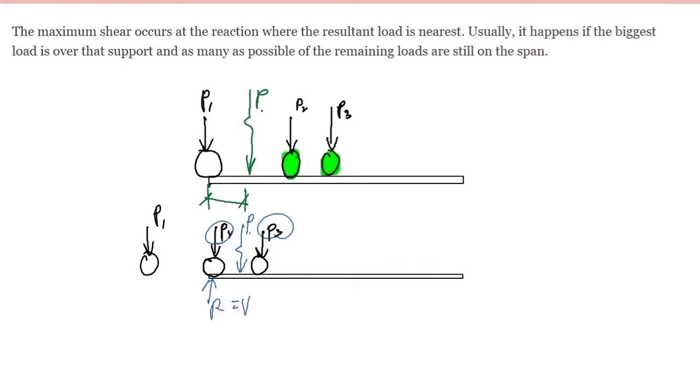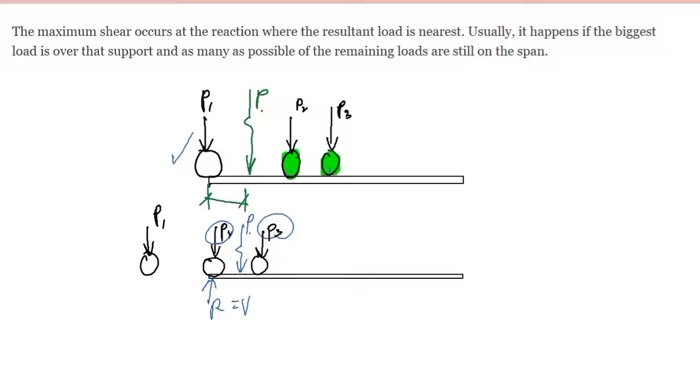Now, actually, gagawin natin to, no, para lang i-investigate. Pero usually, yung case na to, ito yung mag-create ng maximum shear. Kasi lahat ng load natin ay nandito pa sa span. But we have to do the investigation. So, isa-isa natin ipapatong yung mga loads natin dun sa support. And then, let's see alin yung mag-create ng maximum shear.